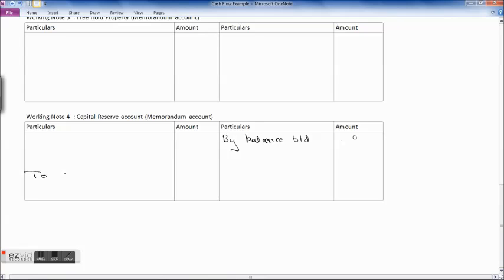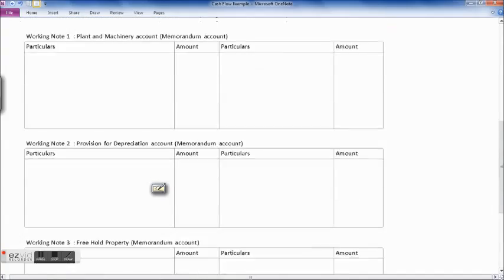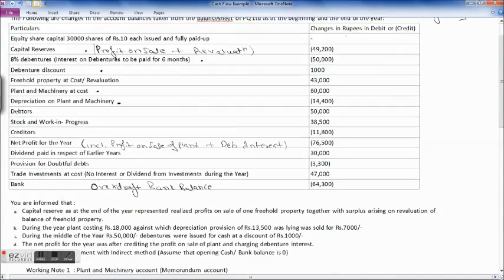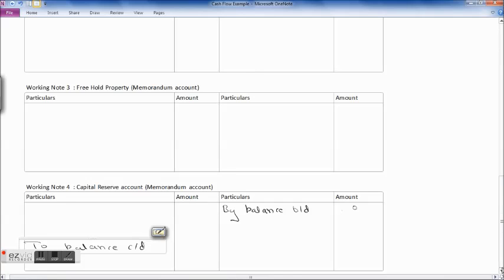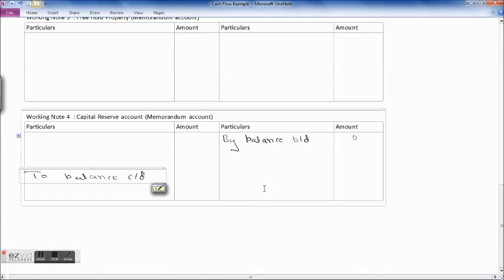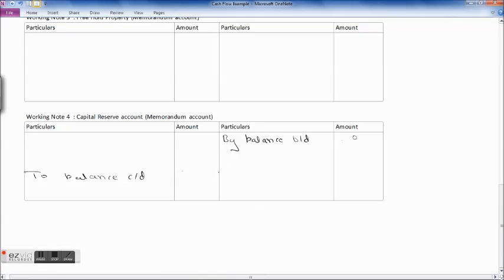Then to balance carried down, the balance which has been given here is 49,200. Now this 49,200 includes your revaluation profit, plus your profit on sale of freehold property.